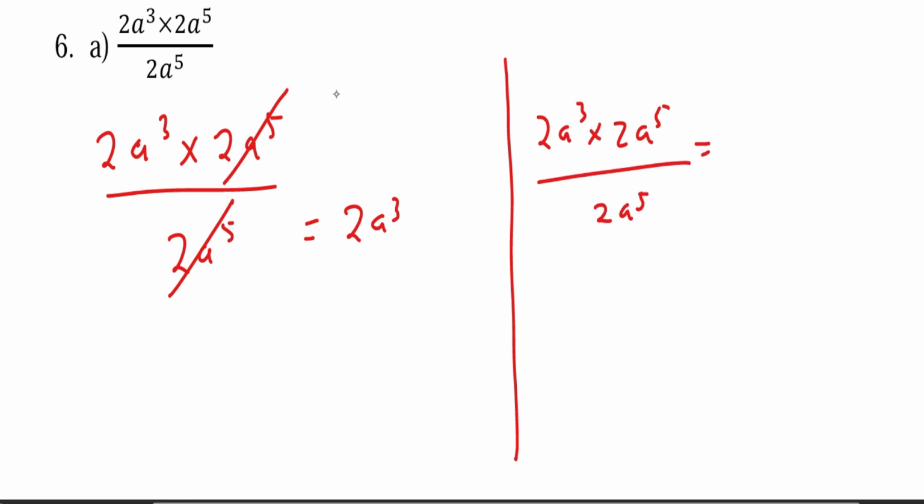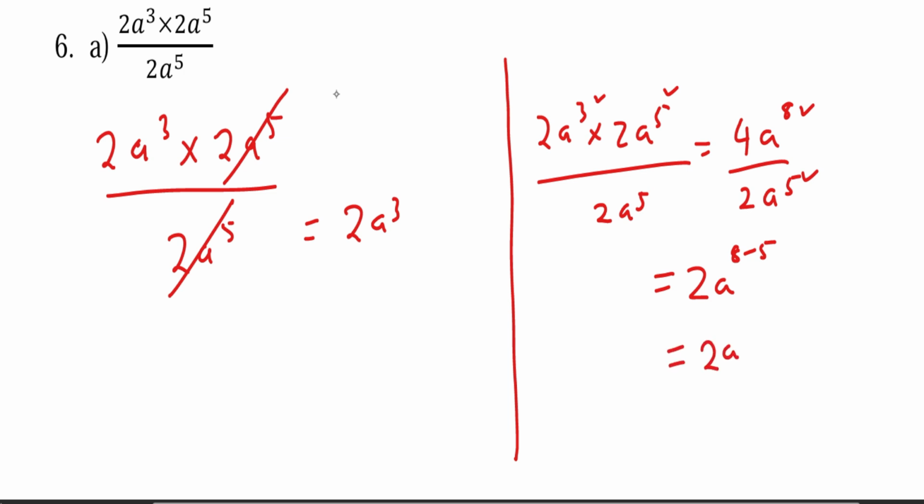So 2 times 2 is 4. Now a is 3 plus 5, which is 8. And then you have 2a to the power of 5. So 4 divided by 2 gives you 2. For a, 8 minus 5, because it's division, so you subtract the powers, giving you a to the power of 3, which is the same thing.